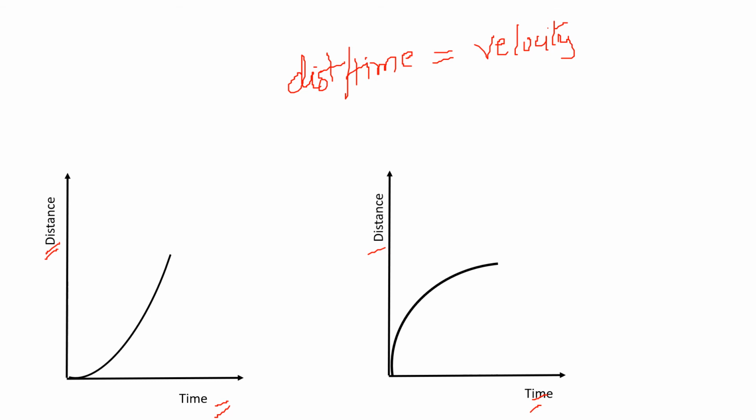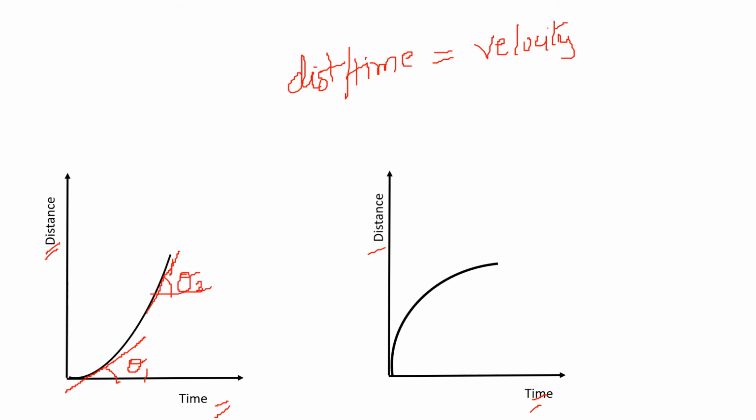So our slope, whatever we'll get, will be the velocity. But here, how do you find the slope? So in such curved figures, you have to draw a tangent at a point. Okay. Now suppose I am drawing a tangent here at this point. Okay. So this angle is my theta 1. Okay. And I am drawing a tangent at this point. So this is theta 2.